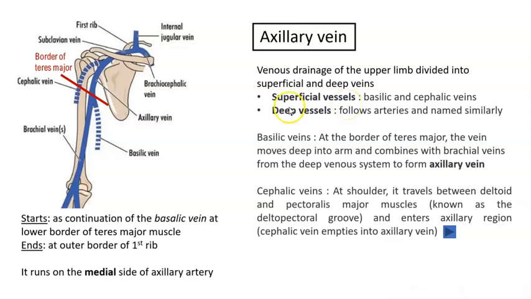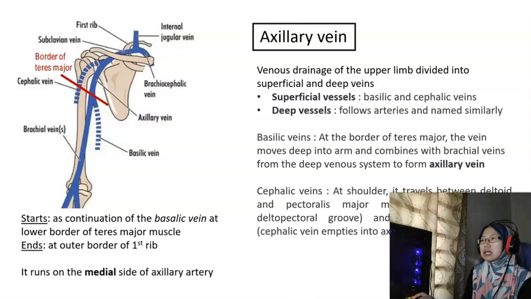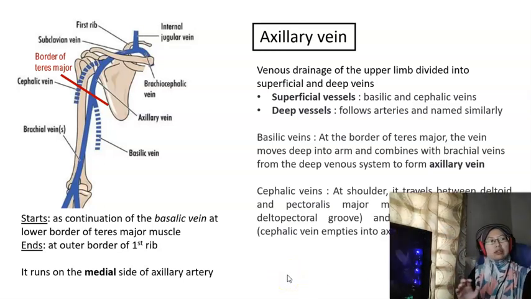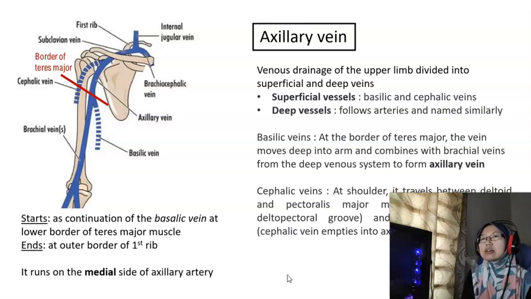For superficial vessels, we have the basilic and cephalic veins. I hope you guys know this. The deep ones follow the arteries, so you don't have to worry. If you have a radial artery, you have a radial vein. You have an ulnar artery, you have an ulnar vein.